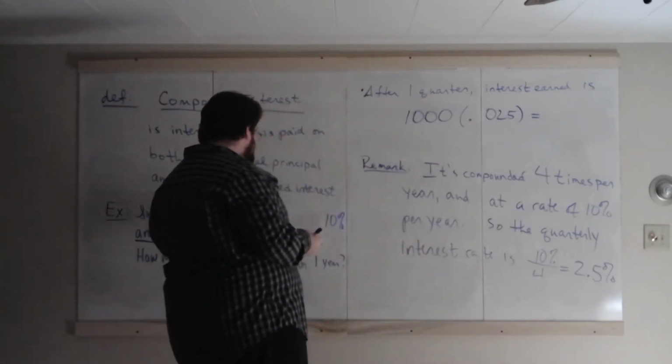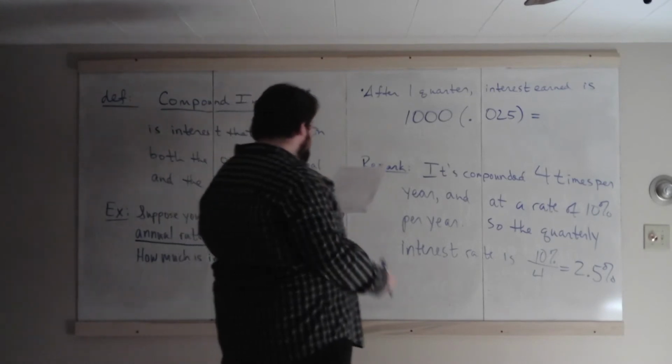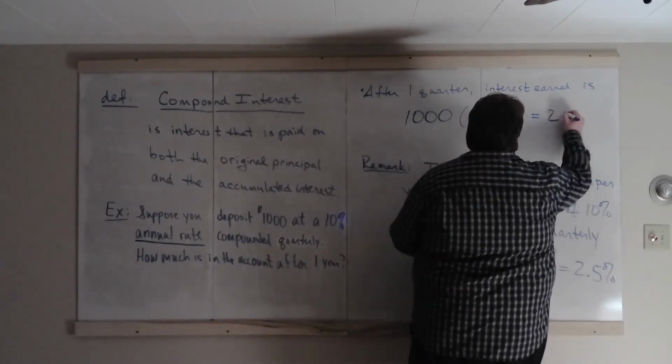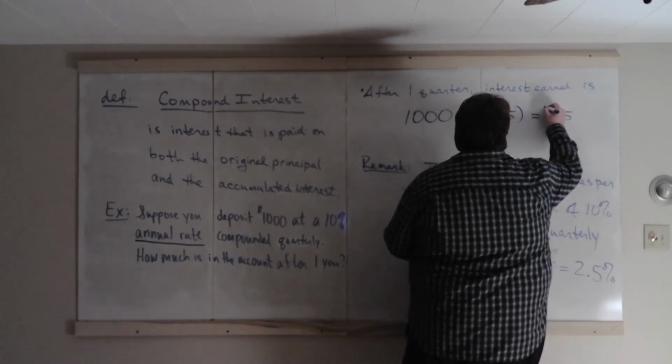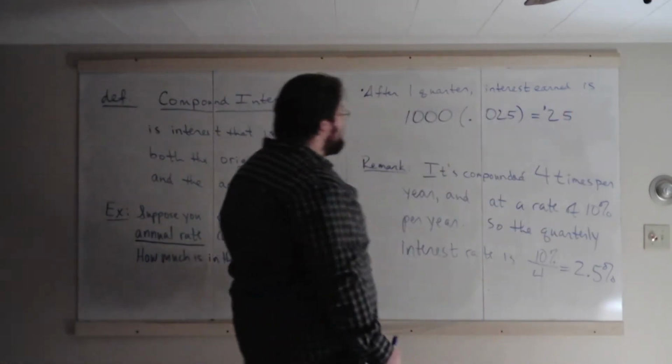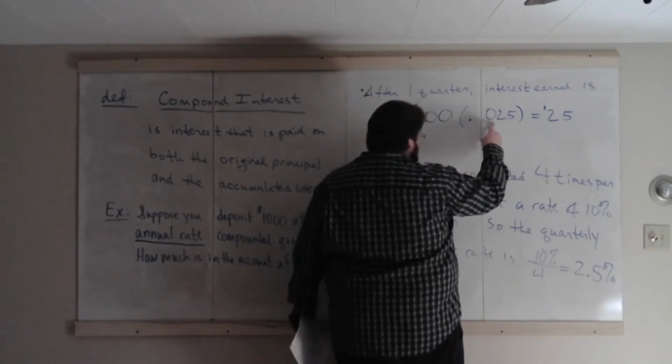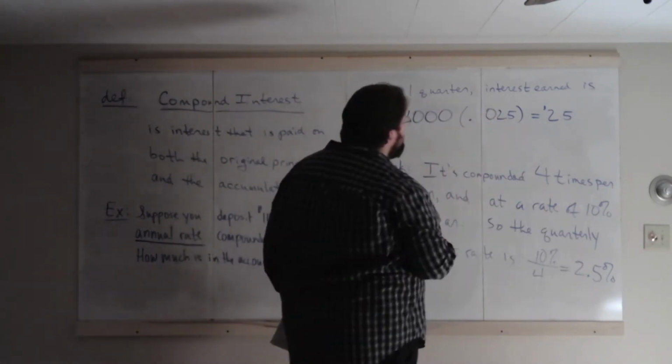So after 1 quarter, the interest earned is that times 0.025, which is $25, and this is the same as that because you move this decimal place over twice and you get 2.5.